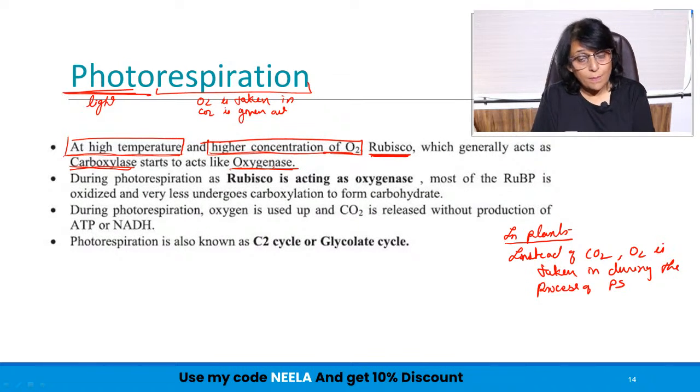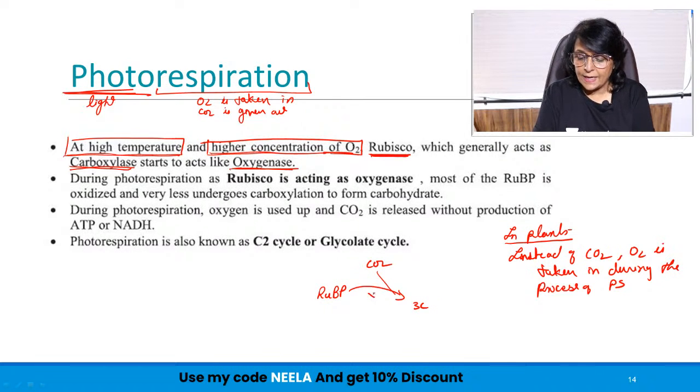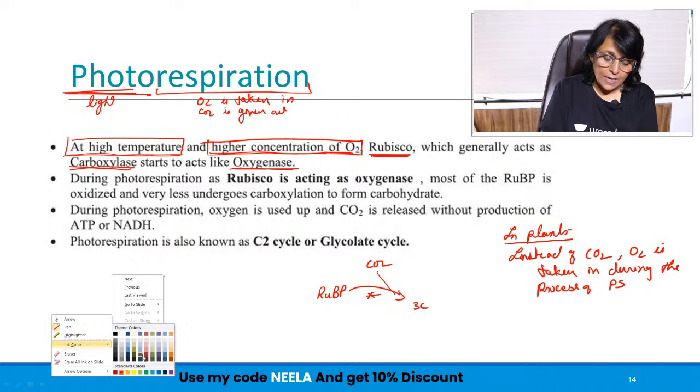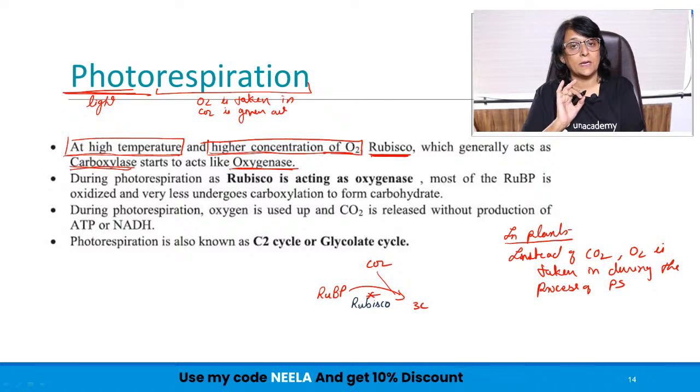If you remember, in the C3 cycle, RuBP undergoes carboxylation, that is addition of carbon dioxide, and a 3-carbon compound was formed. And here the enzyme which is participating or helping is our Rubisco. This is in the normal condition.